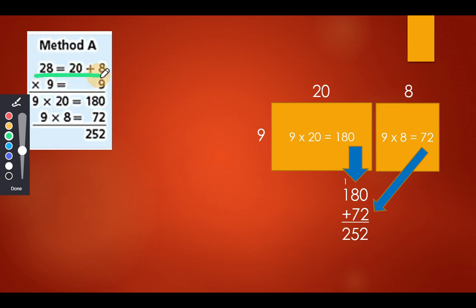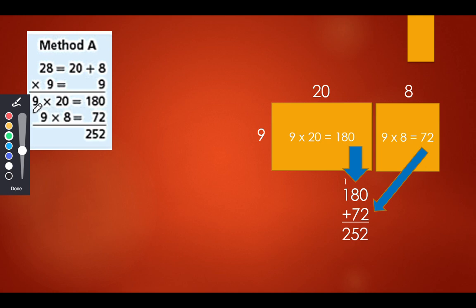So we've written it here, and I can see that I've done the same thing right here on top of my rectangles. After that, we have separated our 9 and we moved our 9 over to here. And you can see that I've got my 9 separated right here. So we've got 20 plus 8 and then 9.